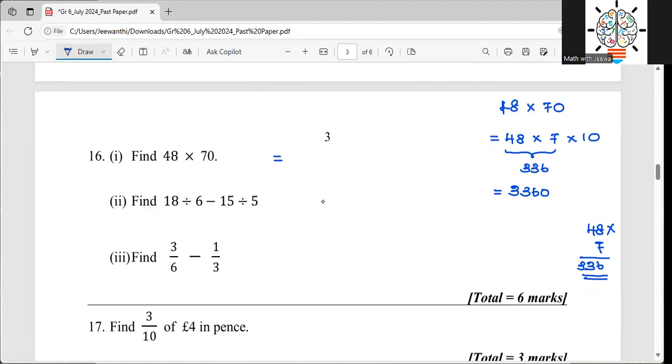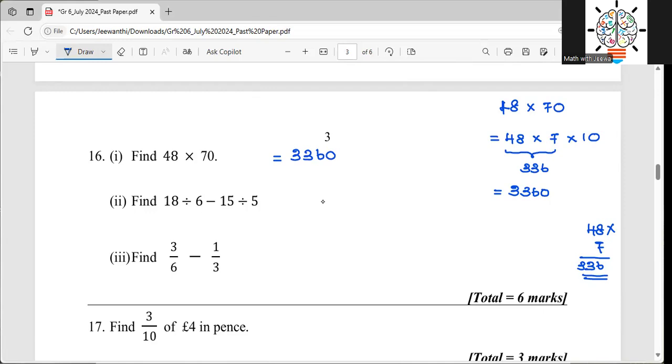Therefore, I write the answer here, 3,360, right? 48 you can straight away multiply by 70, but here they test how we are going to segregate 70 into two parts, 7 times 10. Then you multiply 48 by 7 and it gives you the answer 336, and you multiply 336 by 10, it gives me 3,360.